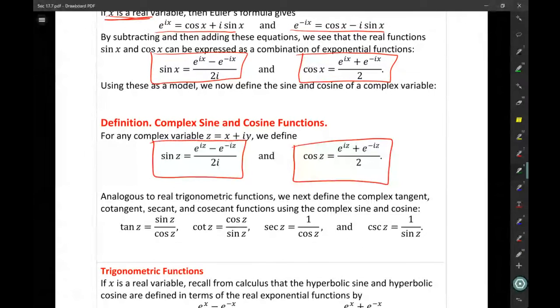Similarly, we can define sine z to be e to the power iz minus e to the power minus iz divided by 2i, and cosine z is equal to e to the power iz plus e to the power minus iz divided by 2, which is the same procedure of defining sine and cosine in real numbers with respect to the complex exponent e to the power i.